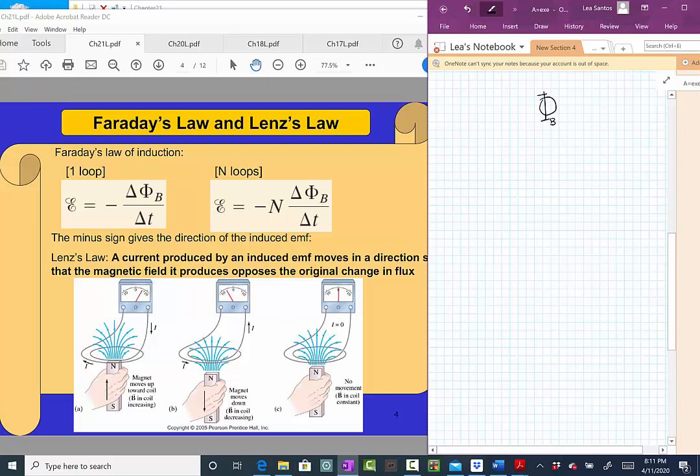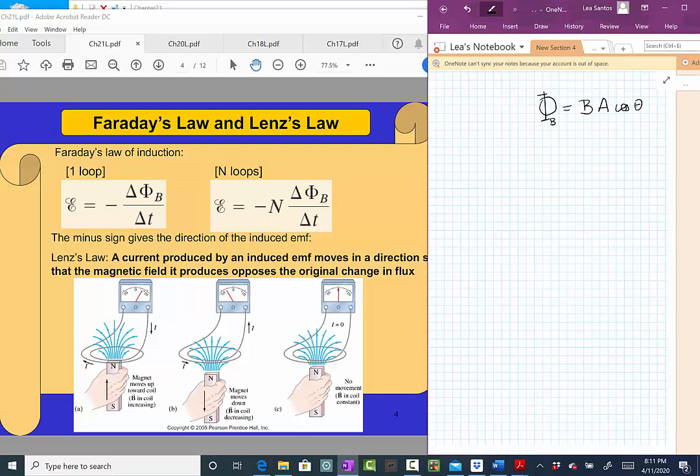The magnetic flux depends on the magnetic field, but also on the area of the loop and on the cosine of theta, where theta is the angle between the direction of the magnetic field and the direction that is perpendicular to the area of the loop.